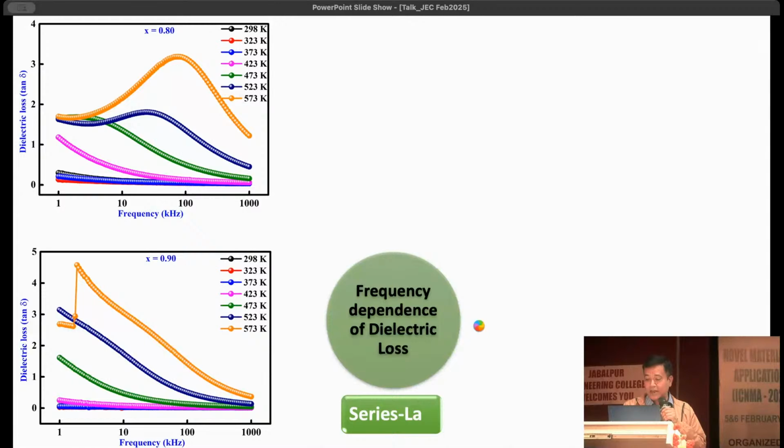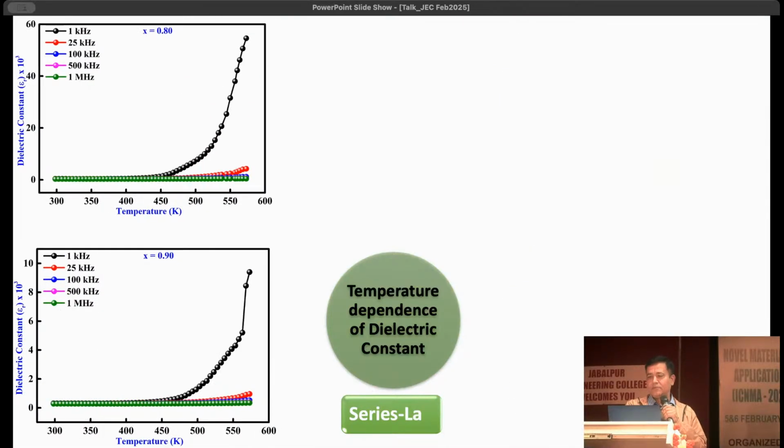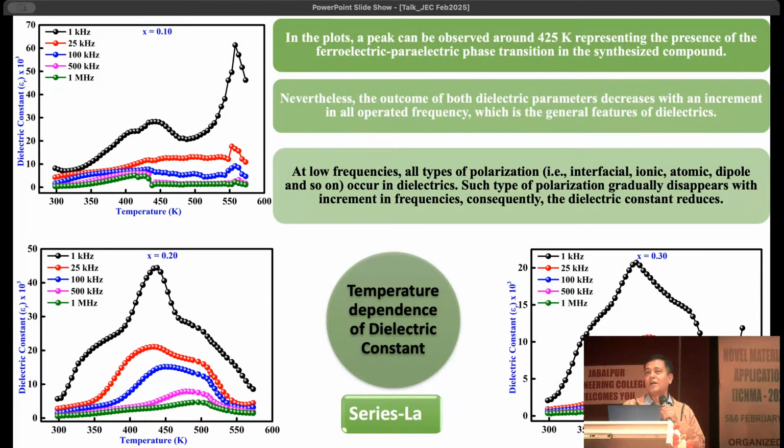You can see the temperature at which it is happening, around 425 K. So why have we taken different temperatures? Because we want to see at what temperature the phase transition occurs in the material, where it changes from ferroelectric to paraelectric phase.